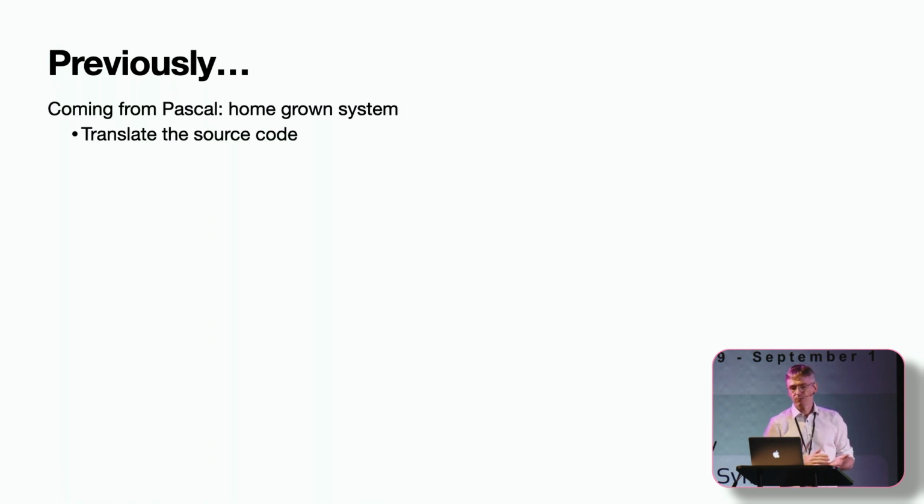As I've presented in previous talks, most of our code is machine translated from Pascal. In Pascal, we were used to do everything ourselves, and so we have been using a homegrown system for internationalization. And that system translated the complete source code. So we were building a different version of every program for all languages that we support.